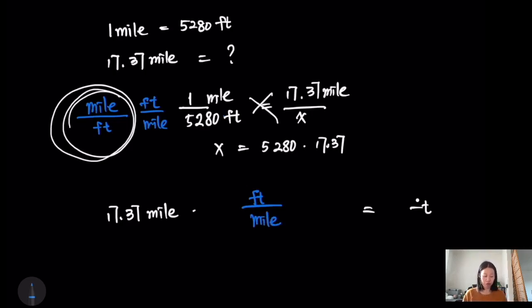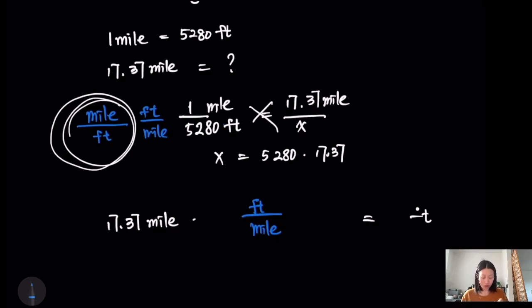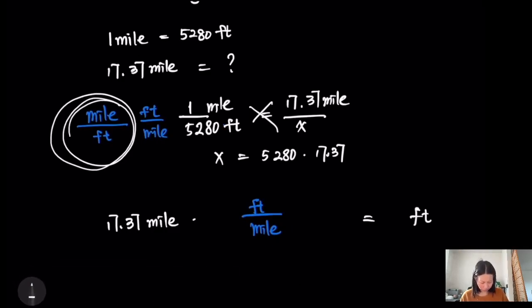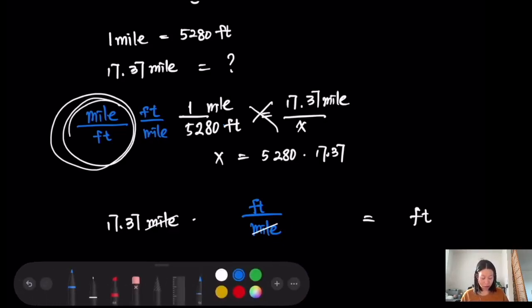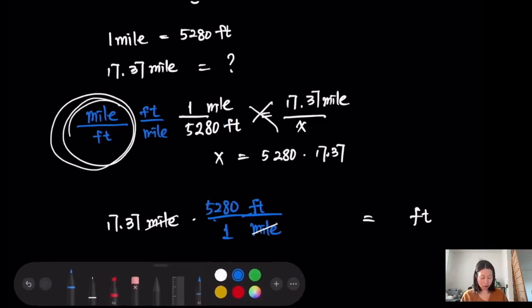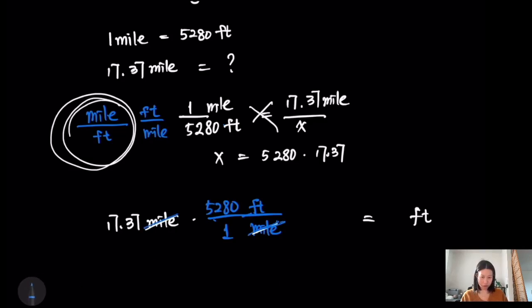Why? Because we want to look at the units. If you just look at the units, you will get an idea. Oh, here's feet. You want to cross cancel the miles so that you will get to the feet. We know that the ratio for the miles and the feet is every 5,280 feet equals 1 mile. So here is the conversion factor, and the units cross cancel because one is on top and the other is on the bottom.